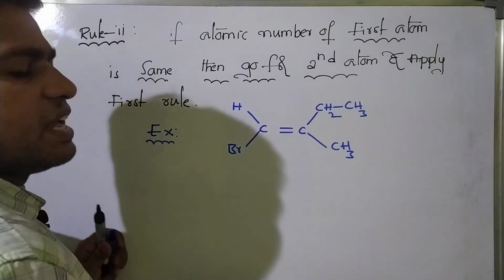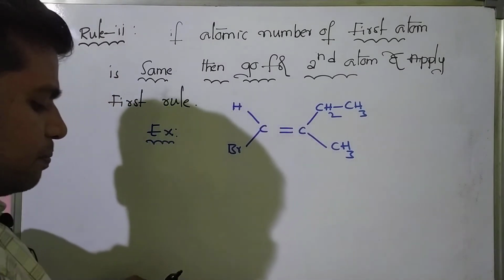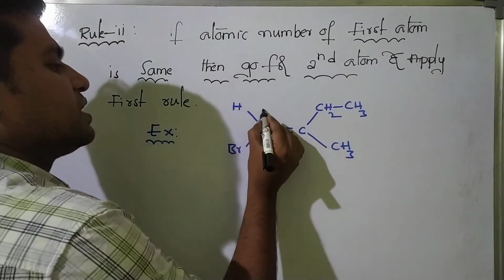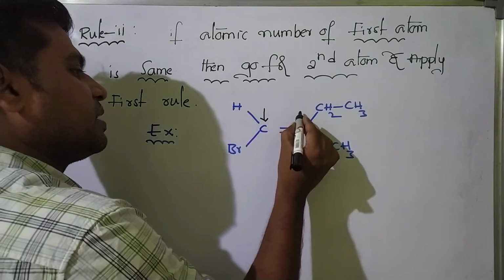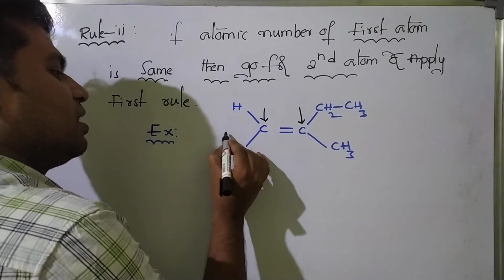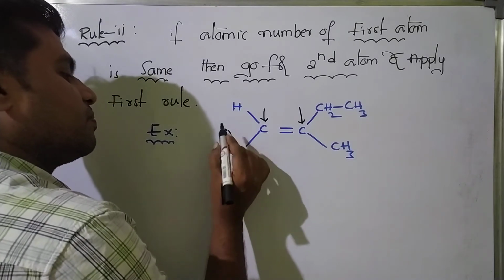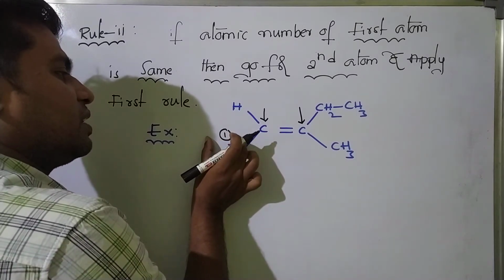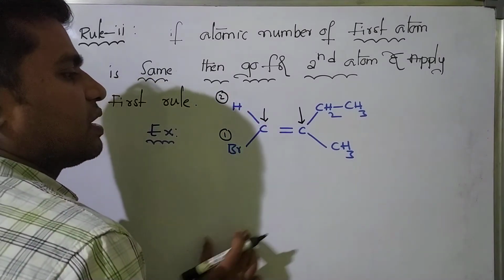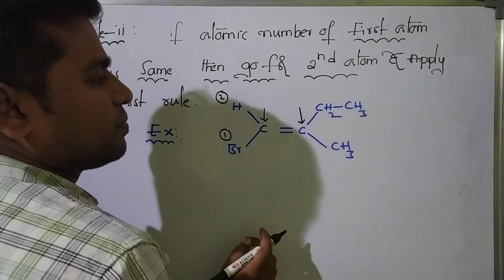This is one given example. See students, this is first carbon restricted site, this is second restricted site. Now this is prior 1, so this will get second priority. Now come to this.